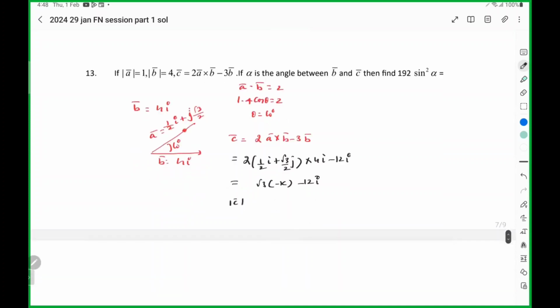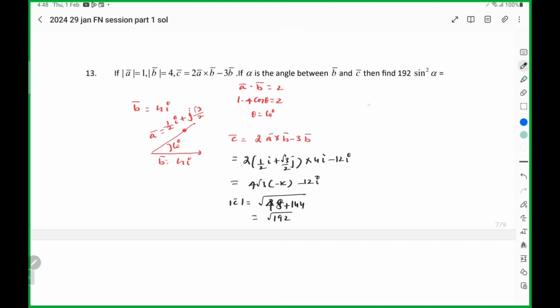So mod C will be, the 2 get cancelled here, root 3 into 4, 4 root 3 k. 16 into 3, 48, plus 144, which is root 192.